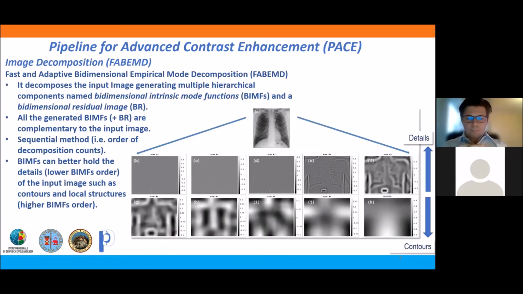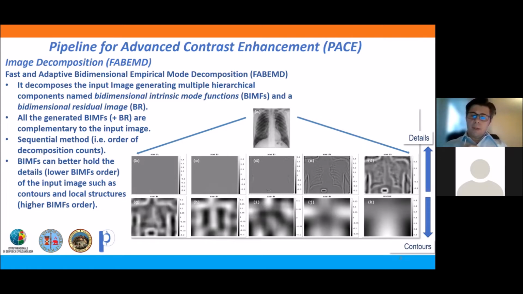Moving on. Let's discuss a little bit more about image decomposition. FABMD is the acronym for Fast and Adaptive Bidimensional Empirical Mode Decomposition. This is an adaptive methodology which is data-driven, and it is very fast, very computationally efficient.